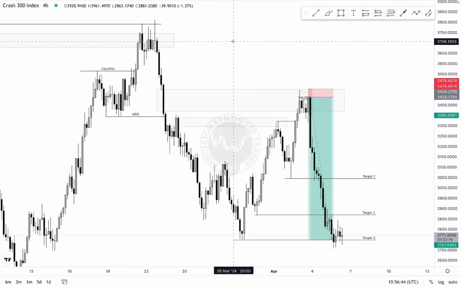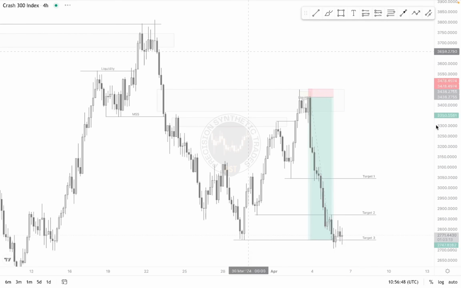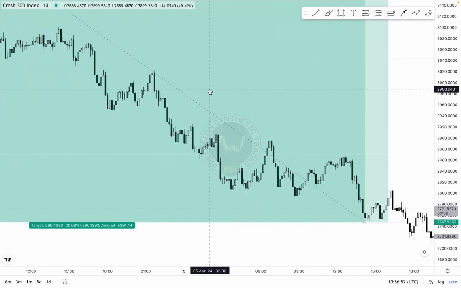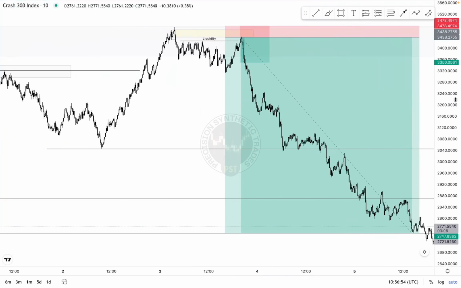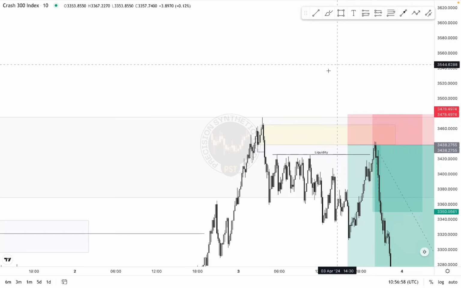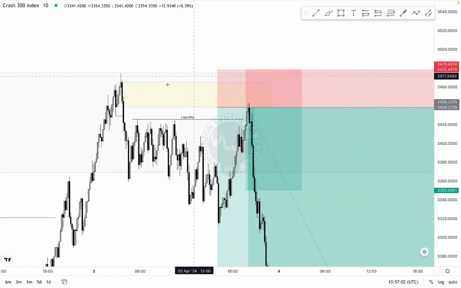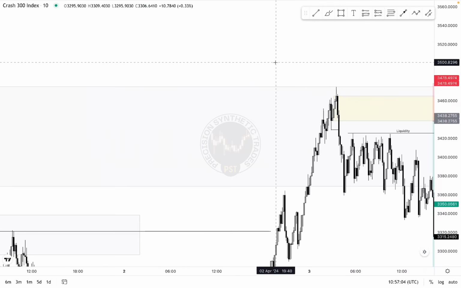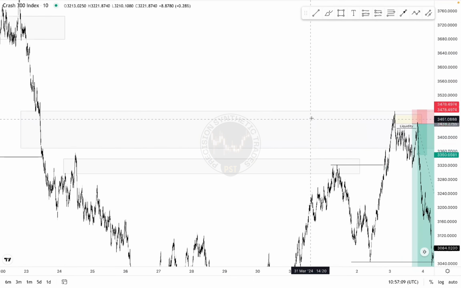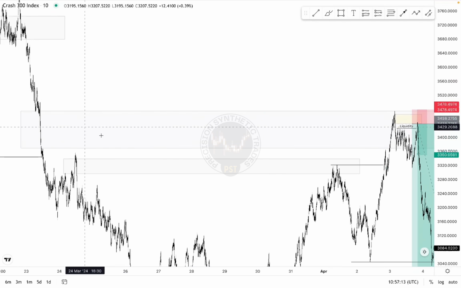What you do then, you go to the lower time frames. In this example, it was used on the 10 minute, where I entered from the 10 minute. And also liquidity was swept. Just zoom out a little bit. There we are inside an order block here as well in this fair value gap.